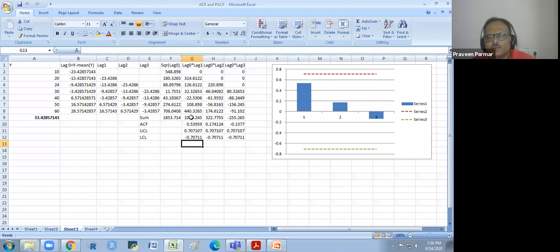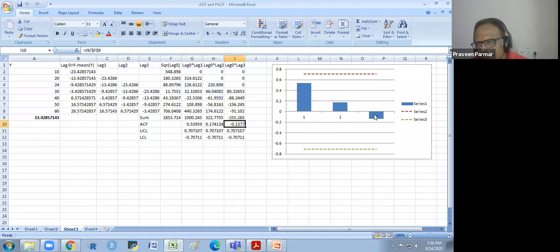And then I am dividing this by the sum of squares. So I am getting 0.5395 for the first lag. For the second lag I am getting this much ACF, and for the third lag this much. So I get this ACF for 1, 2, 3. This one is negative.